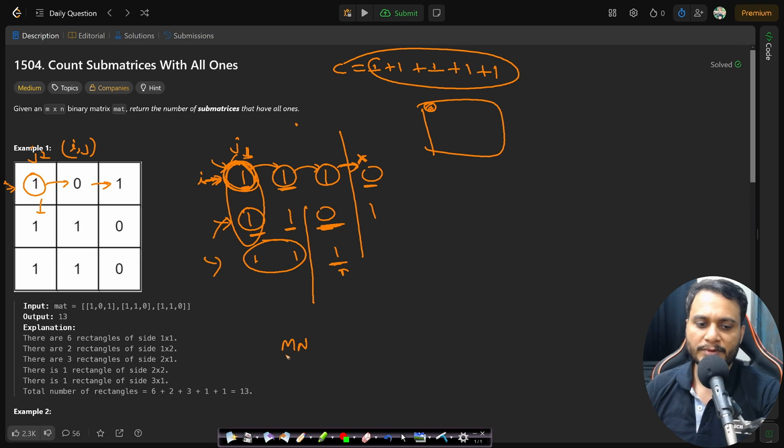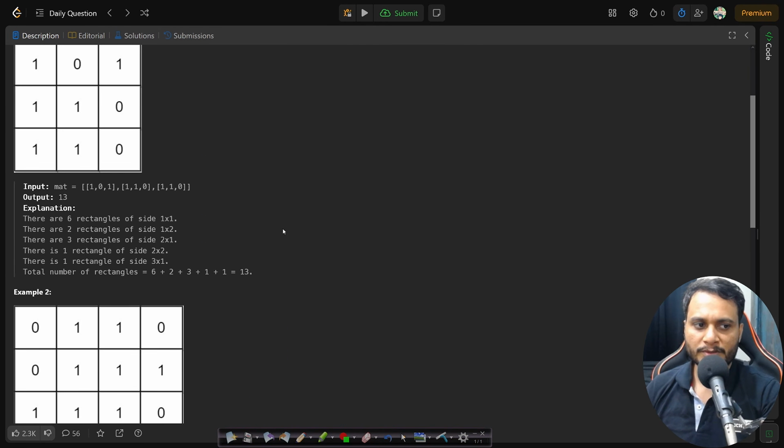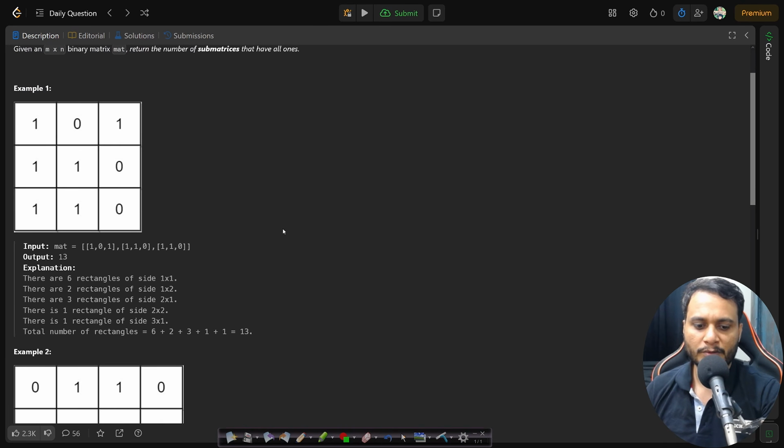M into n cells, where m is the number of rows, n is the number of columns. And you have to traverse through the entire matrix in the worst case, and the entire matrix size is also m into n, right? So you will have a multiplication factor with m into n. So this approach is m square n square, and this is your brute force approach. Okay, so if you follow the brute force approach, then you can easily count for all the starting points.